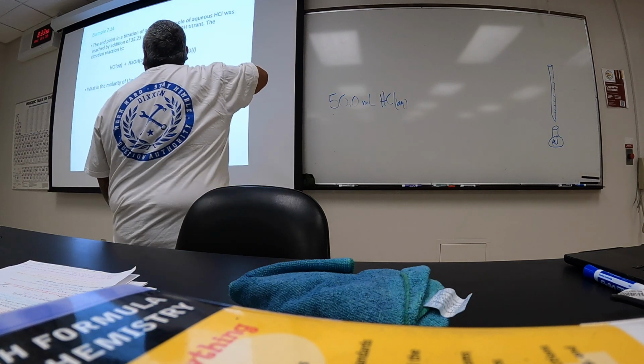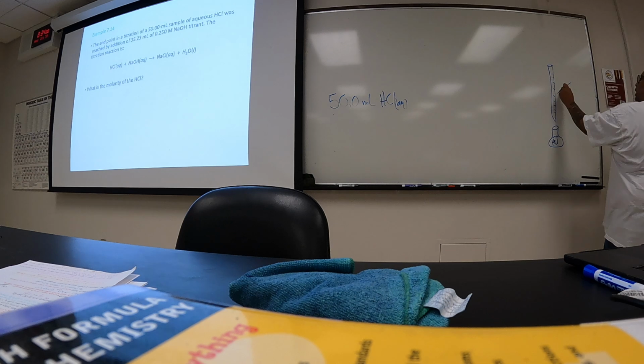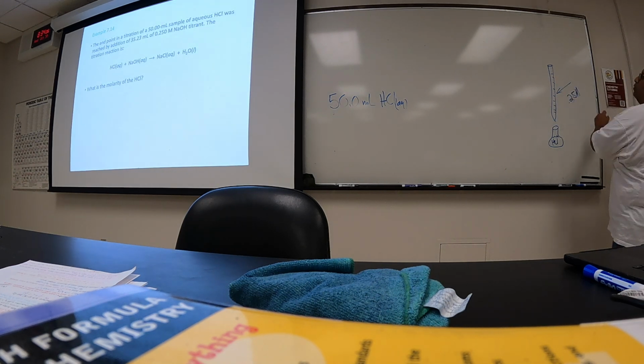The end point was reached. So here, in here, is where we have the 0.250 molar sodium hydroxide. And in order to reach the end point here, to where it was neutralized, we had to use 35.23 milliliters.